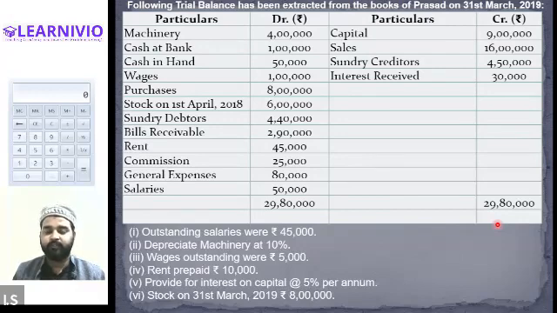Rent of rupees 45,000 basically includes prepaid rent of 10,000. So we will have to reduce 10,000 from 45,000. All the prepaid expenses should be reduced instead of adding. So rent of 45,000 minus prepaid rent 10,000, net rent will be 35,000. That will be shown in the profit and loss account. Please do the correction, then calculate net profit or net loss.